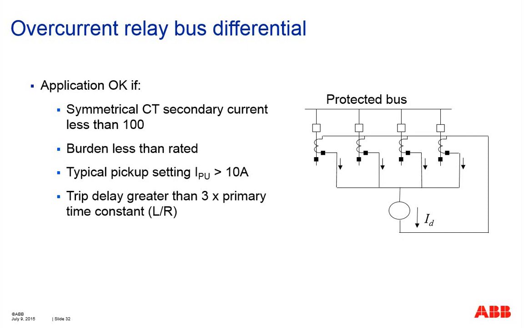A burden less than rated basically means that the burden, for example from the CT to your relay, the cable run is not too long, the impedance and resistance are not too high, so it does not exceed the rated burden, and the CT is not likely to saturate. And the typical pickup setting is high, as I mentioned before, because you need to account for the CT measurement errors.